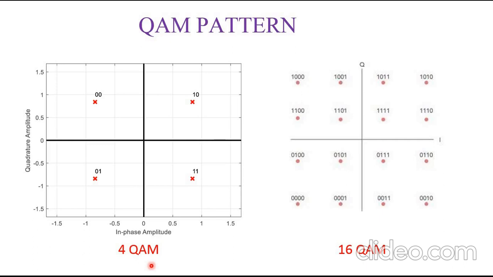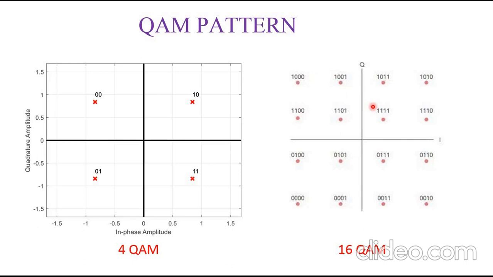So to understand the difference between PSK and QAM, let me draw the 16 QAM diagram. So it will be more clear. So this is the 16 QAM diagram, and the constellation points will be like this.